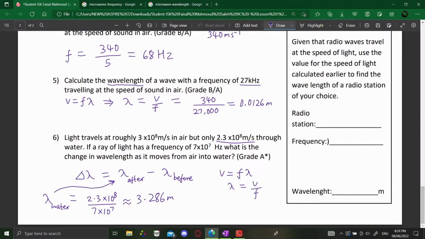And so the wavelength before, when it's in air, is equal to its speed in air divided by its frequency. And what is its speed in air? That is 3 times 10 to the power of 8 meters per second. So that's just 3 times 10 to the power of 8 divided by the frequency, 7 times 10 to the power of 7.